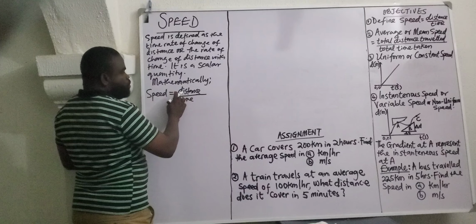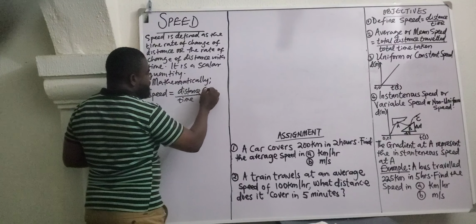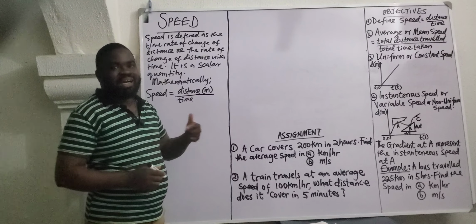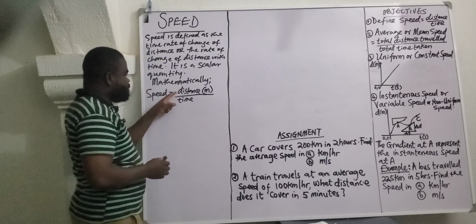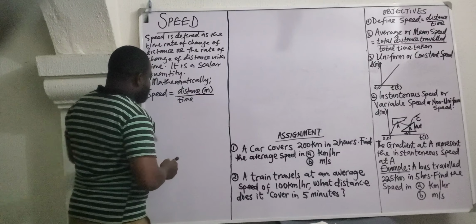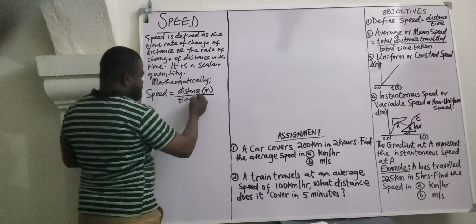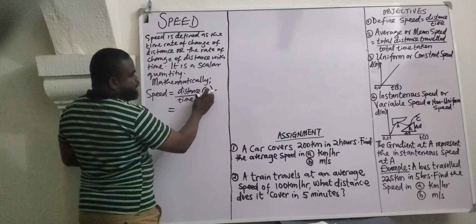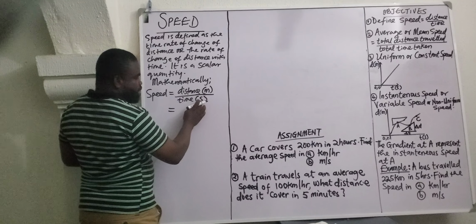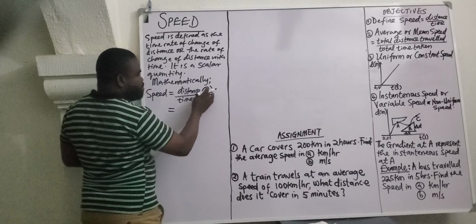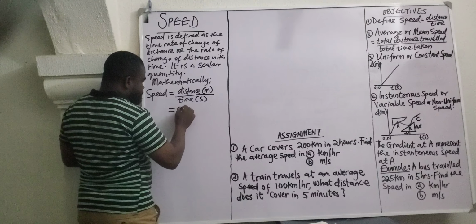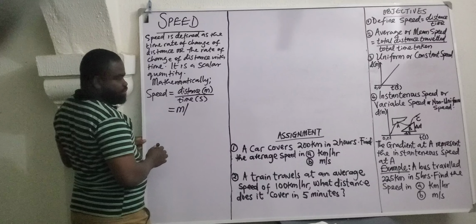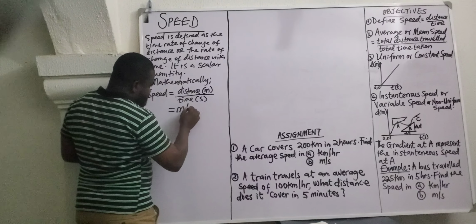Now, the unit of distance is meter. And when I say unit, I'm referring to the SI unit. So the SI unit of distance is meter, while the SI unit of time is second. Now, if you divide meter by second, you will get meter per second, written this way: meter, that divide becomes a forward slash, then second.